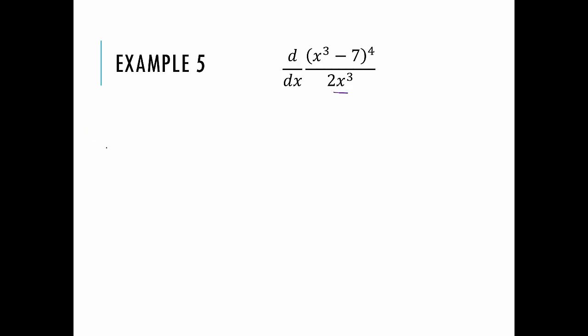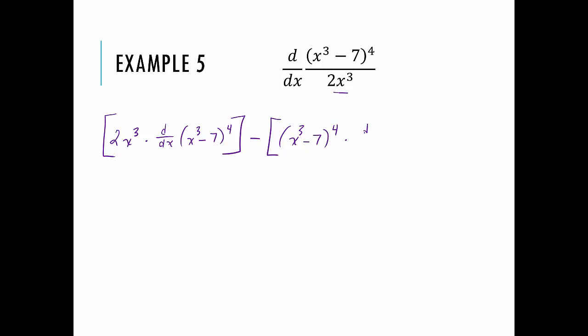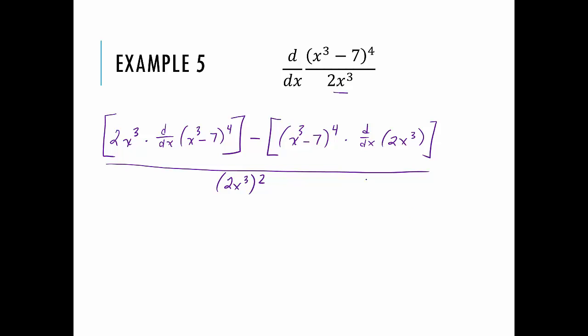So my quotient rule says I leave the bottom alone times the derivative of the top, minus leave the top alone times the derivative of the bottom, all over the bottom squared. Okay, so that's my quotient rule.